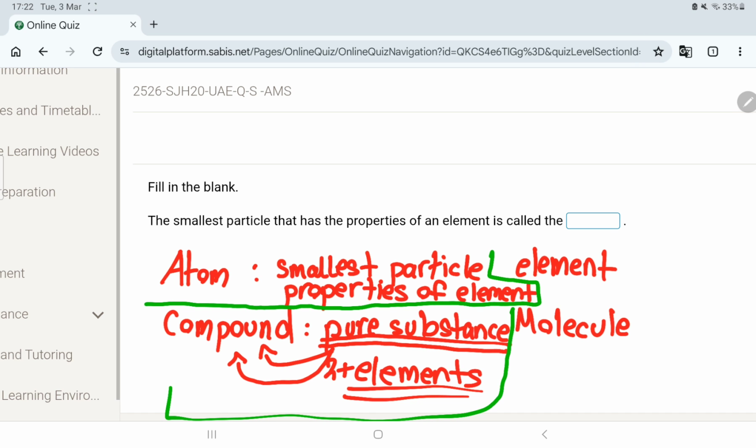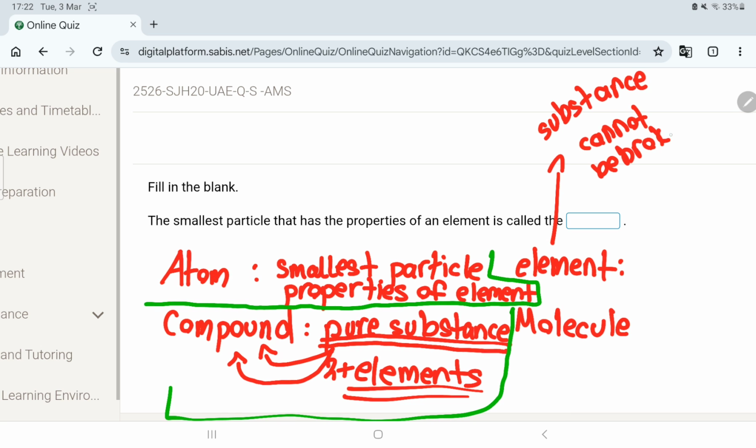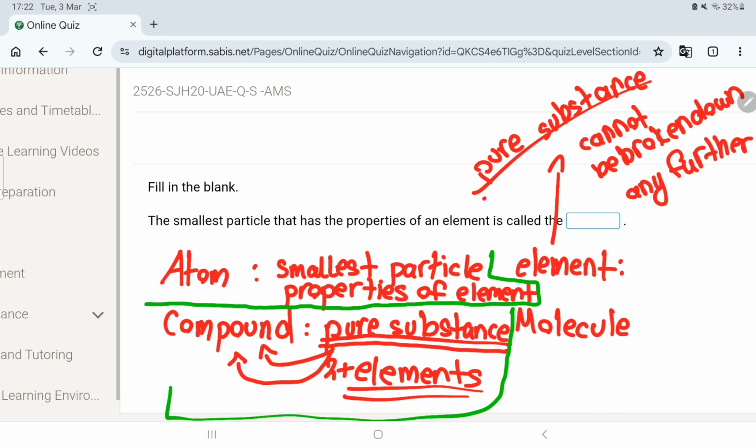Now, what's an element? I'm just going to write it up here actually. A substance that cannot be broken down any further. Right? And by the way, an element is a pure substance also. So when they ask you, what are pure substances? An element and a compound. Okay?